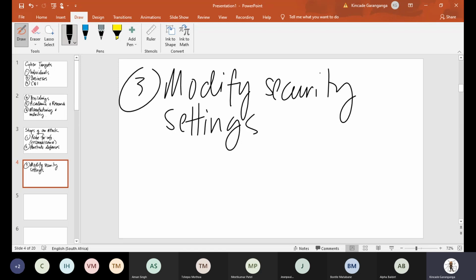Because when they modify security settings, it might not seem to the administrators or the organization at large that the system has been compromised. Think of it as creating a particular type of backdoor, where you're modifying security settings to make it a lot easier for you to break into the actual system itself.